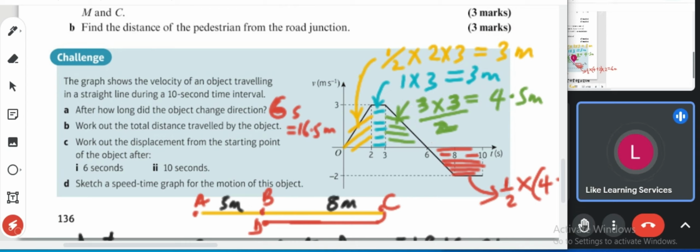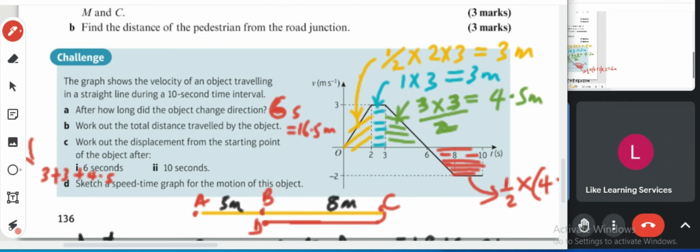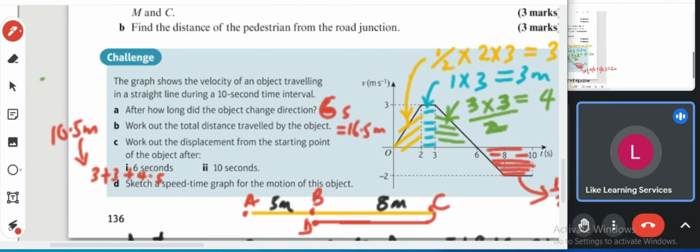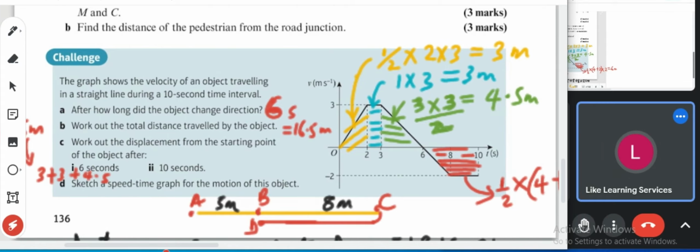So 10.5, 3 plus 3 plus 4.5, which is 10.5. Yeah, 10.5 meters. All right, what about the displacement after 10 seconds?